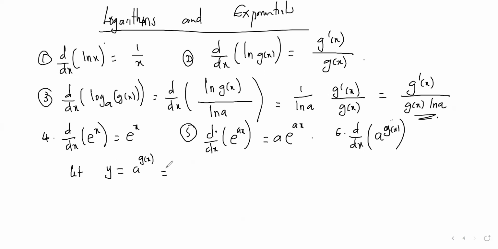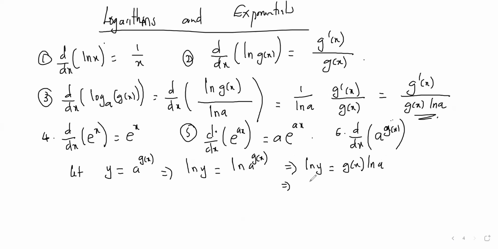Then apply ln on both sides. So I have ln y equals ln of a to the power g(x). Since ln drops the power, I have ln y equals g(x) ln a.